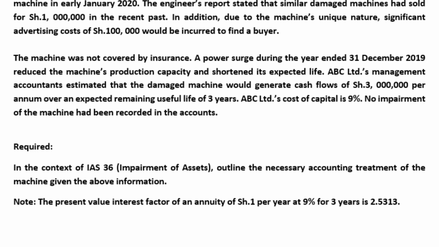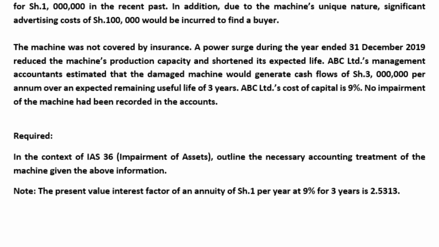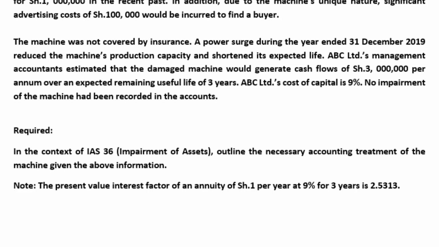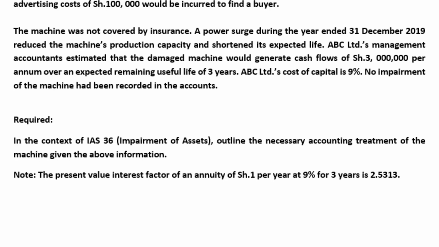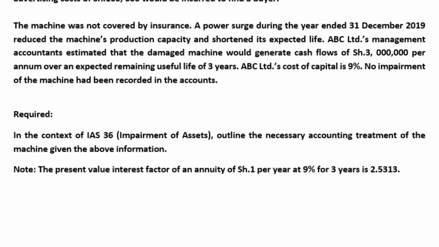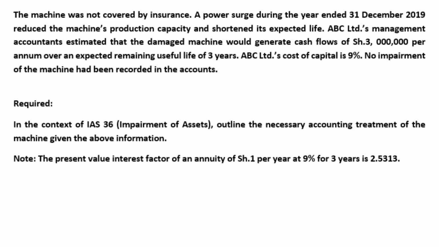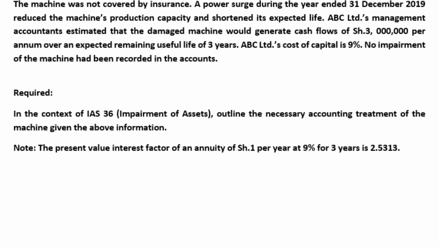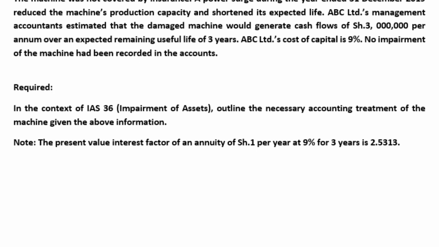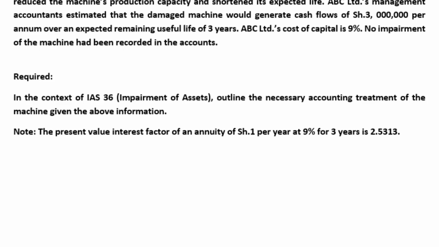Note the present value interest factor of annuity of shillings 1 per year at the rate of 9% for 3 years is 2.5313. The examiner gave 4 marks.